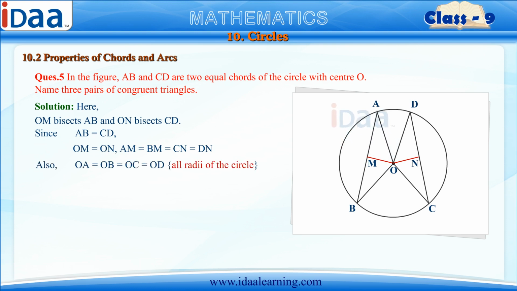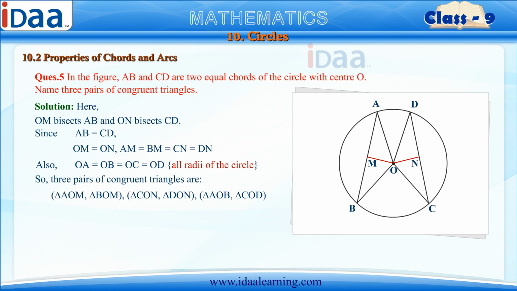Also, OA is equal to OB is equal to OC is equal to OD, all radii of the circle. So, 3 pairs of congruent triangles are triangle AOM and triangle BOM, triangle CON and triangle DON, triangle AOB and triangle COD.